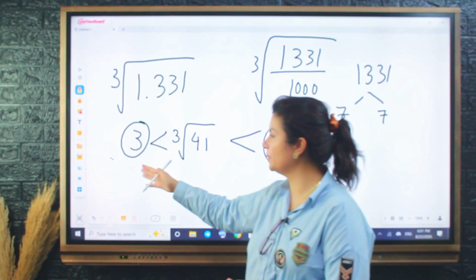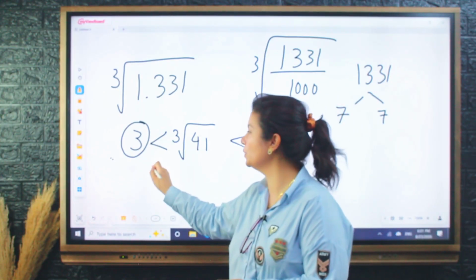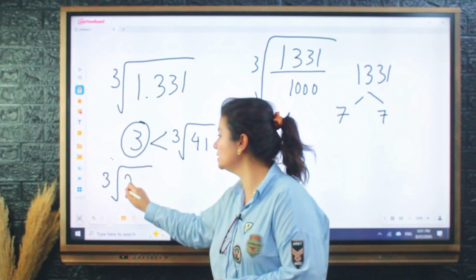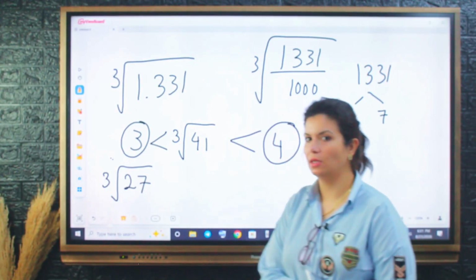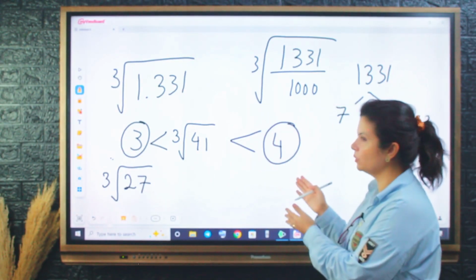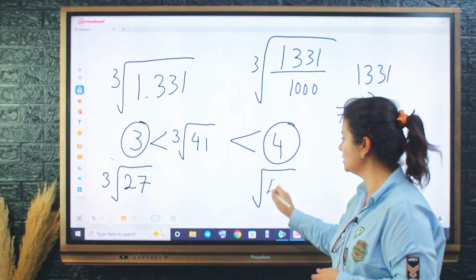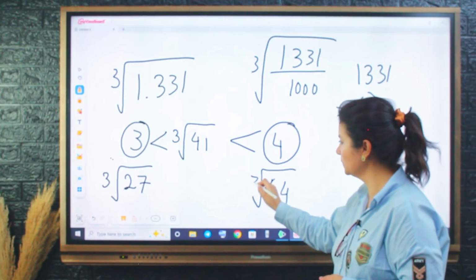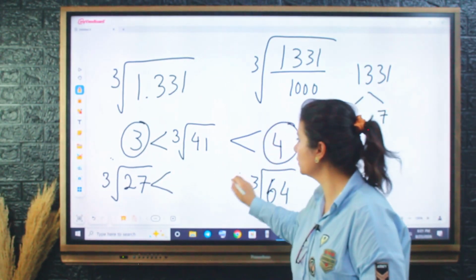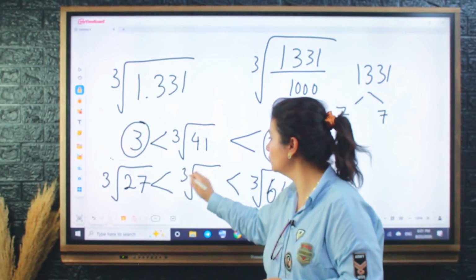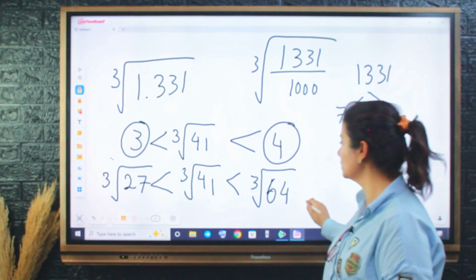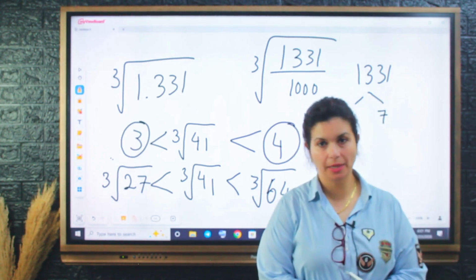What is the cubic root which equals 3? It's 27, right? And what is the cubic root which equals 4? Yes, 64. So the cubic root of 41 is correctly between 3 and 4.